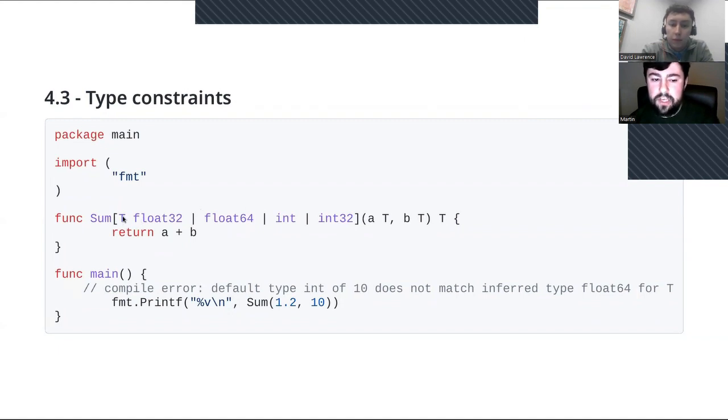So I could say I have T, which is float32, float64, comma, I have a U, which is a slice of T. So you could define a type constraint and a type parameter in relationship to another one that you just defined prior to your current definition. So you could combine them together.